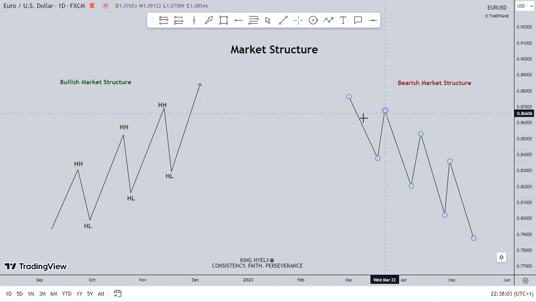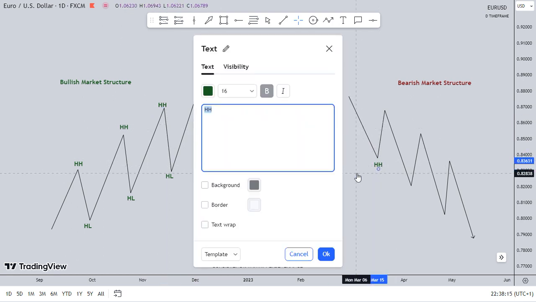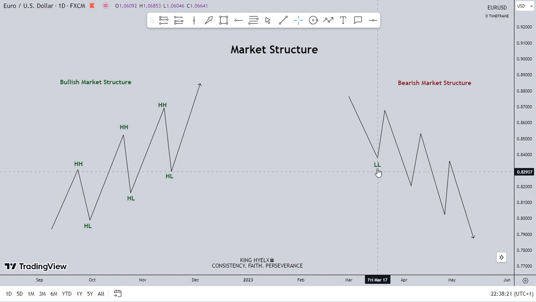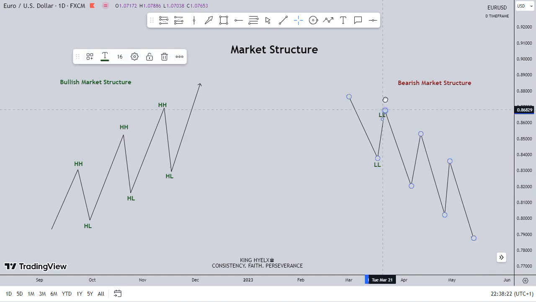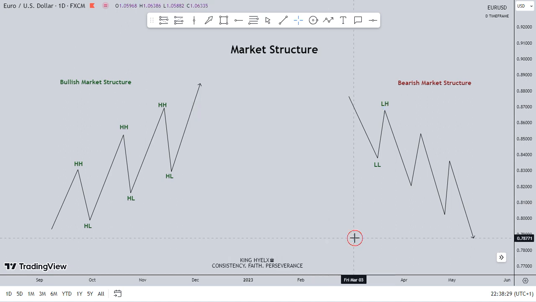Here we were forming higher highs and higher lows, while here we are forming a lower low, and this is a lower high.